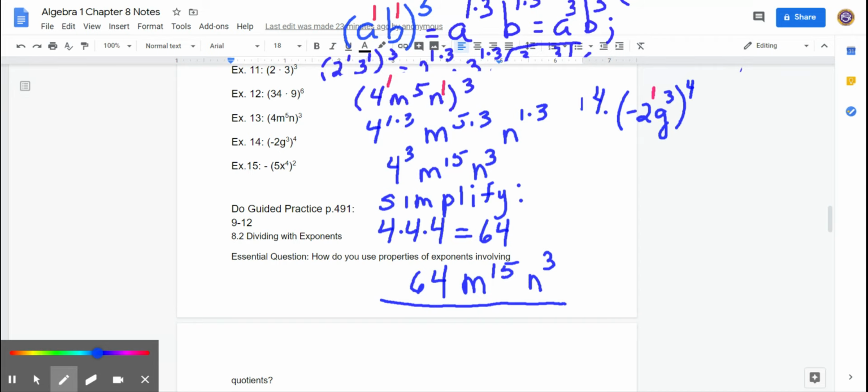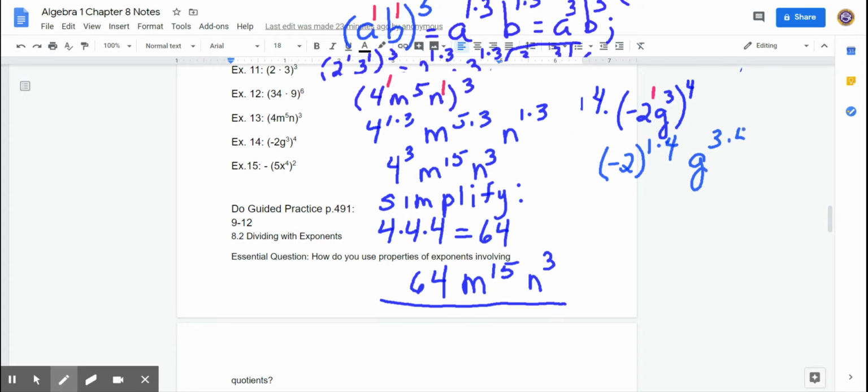Okay, so the negative is inside, so negative 2 to the 1 times 4. That's going to be g to the 3 times 4. So that's going to be the quantity of negative 2 to the 4th power times g to the 12th power.